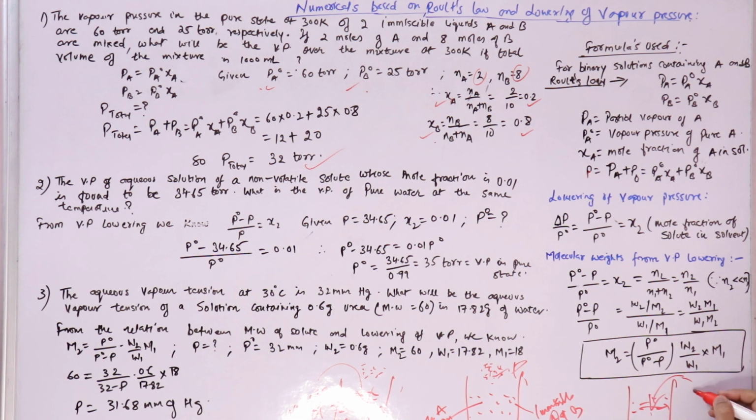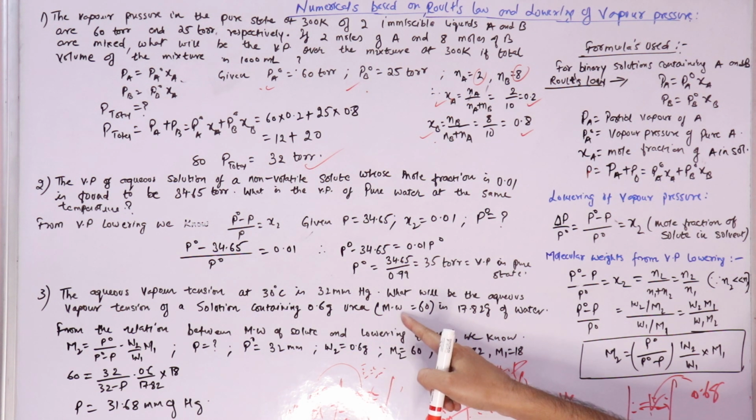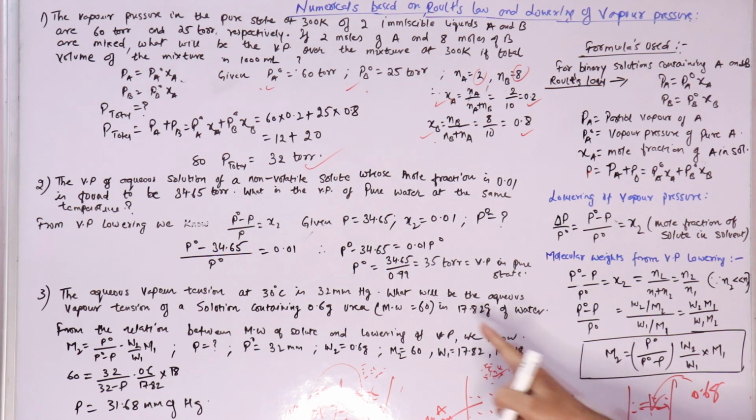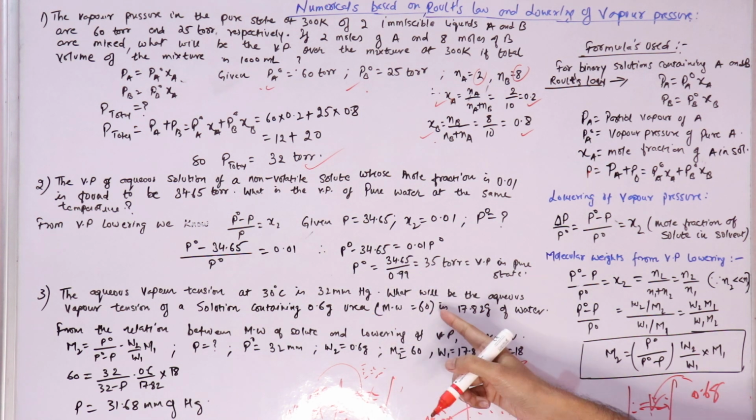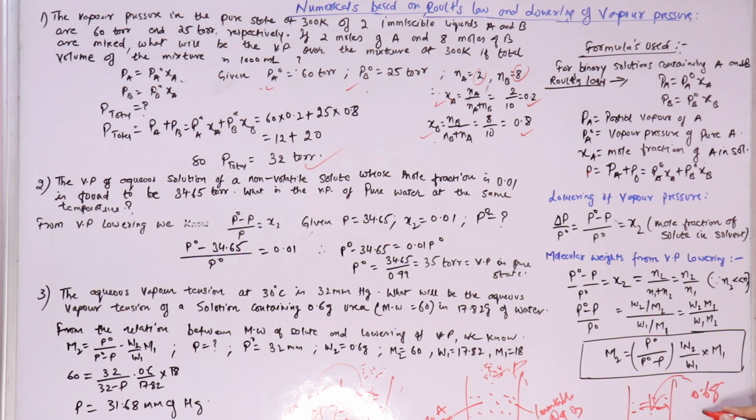So if you add 0.6 gram of urea, that is, you have added a non-volatile solute to this solvent, which will result in the lowering of vapor pressure, right? And it has given you the molecular weight of urea, which is a non-volatile solute, right? It has given you this value of M2, right?